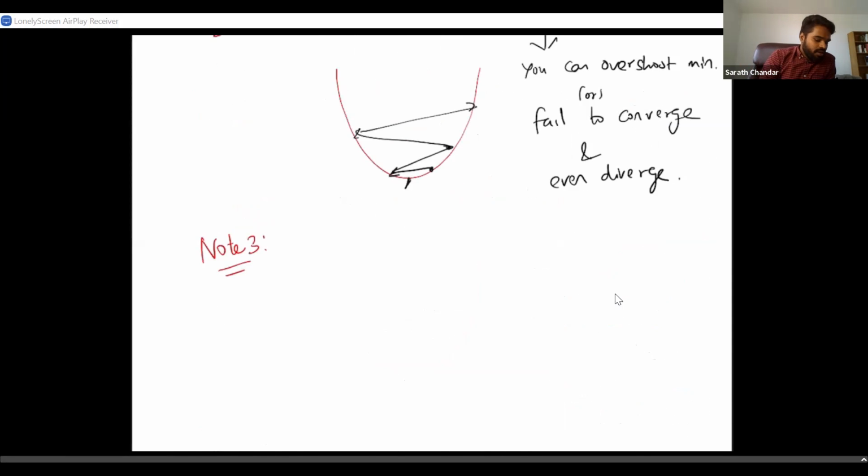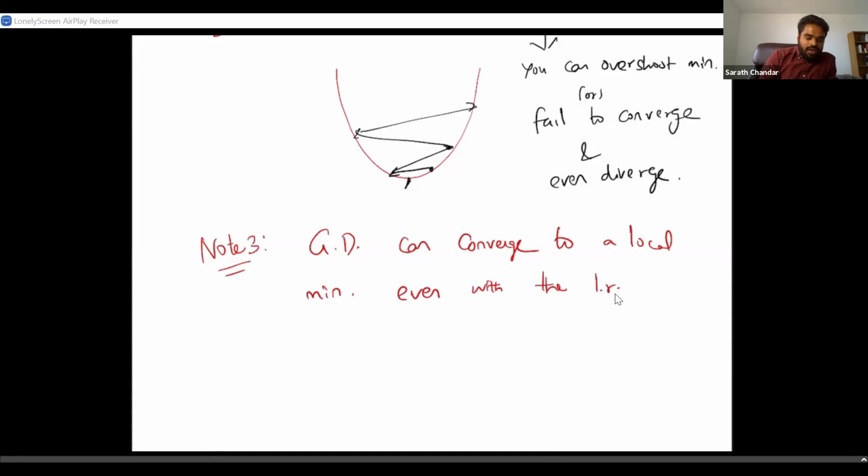So basically, gradient descent can converge to a local minimum even with the learning rate alpha fixed. As you approach the minimum, the gradient itself shrinks, so it will take care of convergence. You don't need to reduce your learning rate over time.